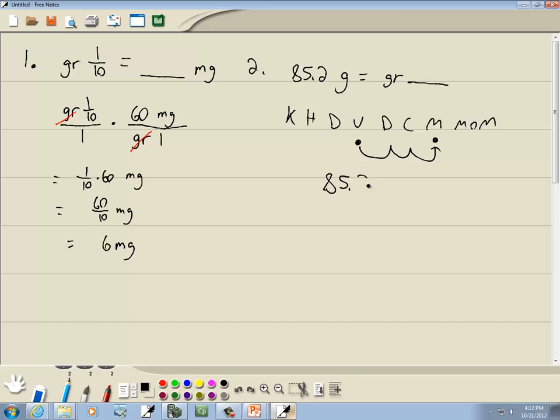So I got 85.2 here. 3 places to the right. There's 1, 2, 3. So this is the new location of our decimal, and I had to put zeros here for these missing digits. So I got 85,200 milligrams, and we're going to look at this conversion.